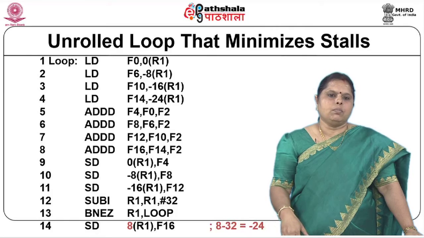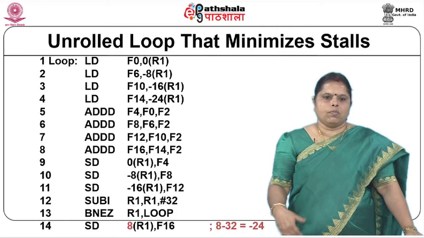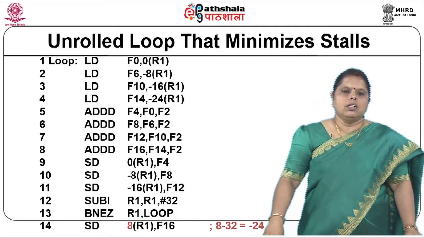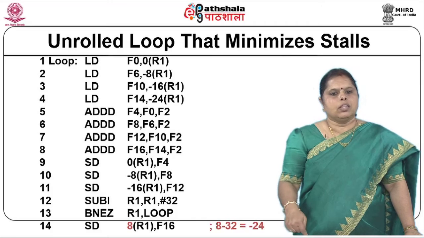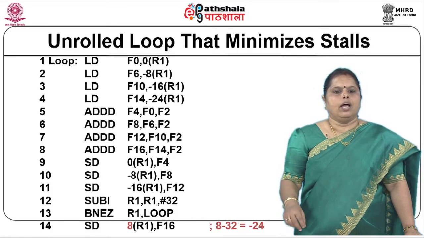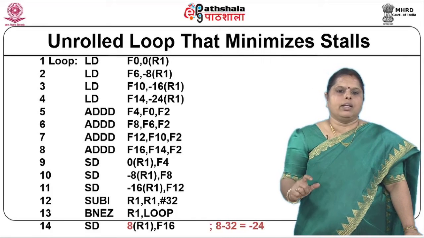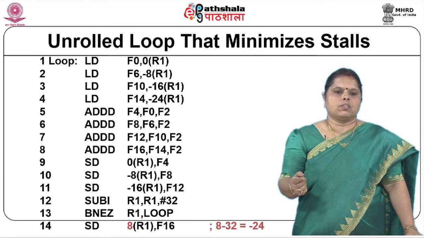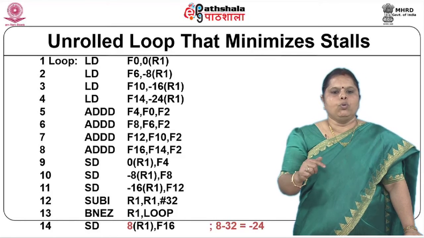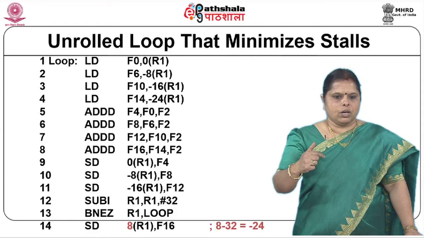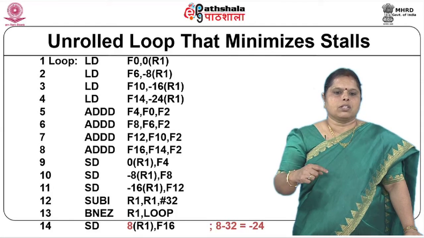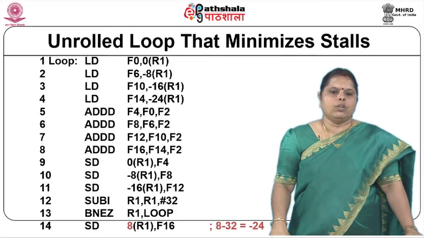So, the latency between load and add is satisfied. You have a 3 clock cycle latency here. Similarly, between add and store we had 2 cycles of latency, which is also taken care of. And to account for the last data dependency between the sub instruction and the branch instruction, the last store instruction has been brought to the end, and the sub instruction has been moved ahead.